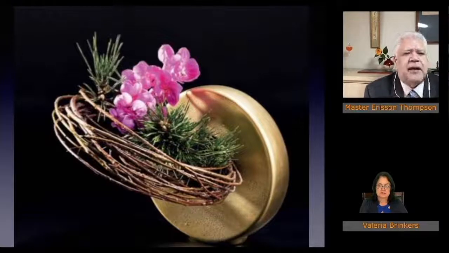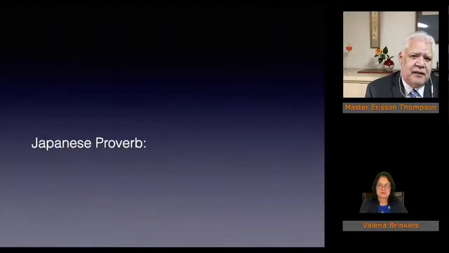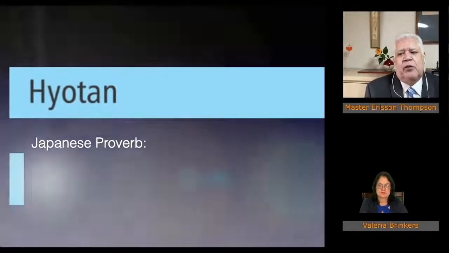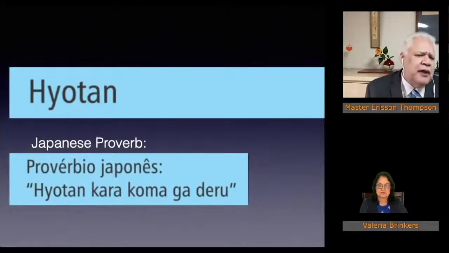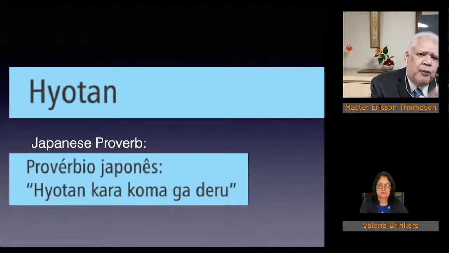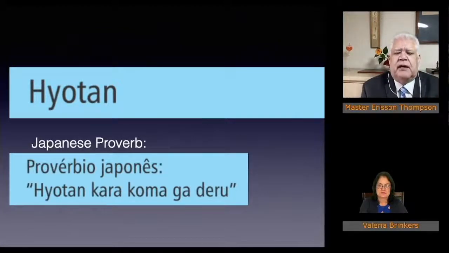An important example. I chose this phrase, hyoten, gourd, a Japanese proverb. Hyoten kara koma ga deru. That is, from within the gourd, the hyoten, comes a horse from inside, which is impossible, but he is wishing and thinking to achieve something impossible.